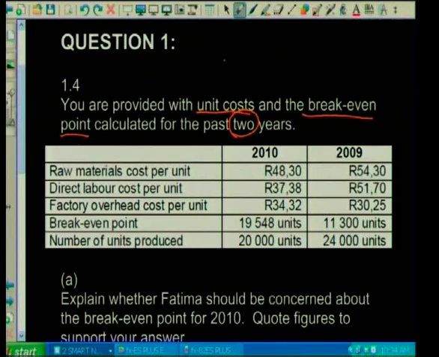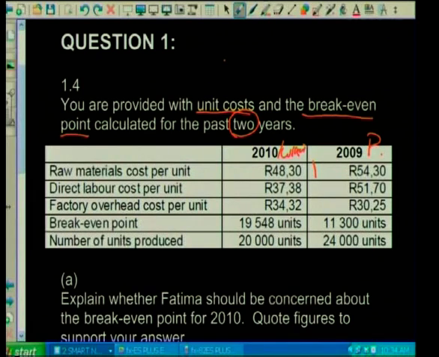So we've got 2010. I'm going to remind you again, this is the current year. And then 2009 is our previous financial year. Raw material cost per unit from the previous year, let's start with that: 54 Rand and 30 cents.